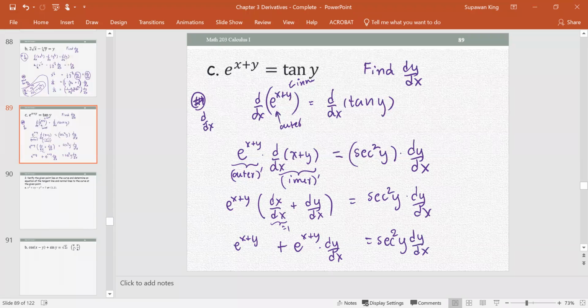Now we are going to collect the terms by subtracting e to the x plus y dy by dx from both sides, or you can do it the other way around. But we can do this by leaving e to the x plus y on the left and moving the e to the x plus y dy by dx to the right, to get secant square y minus e to the x plus y with the common factor dy by dx.